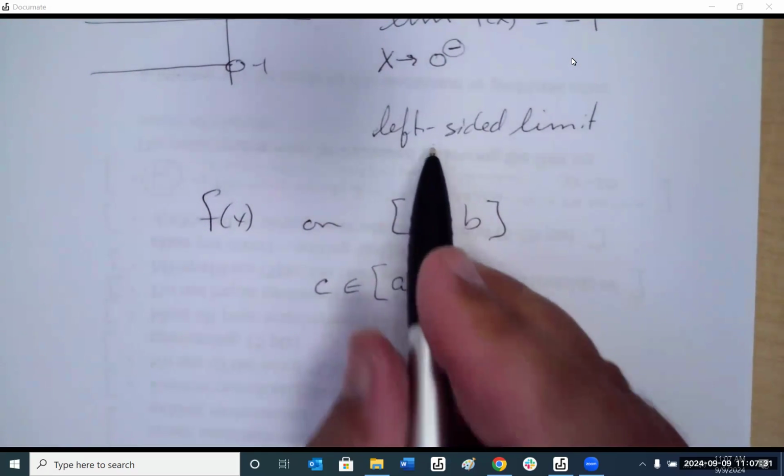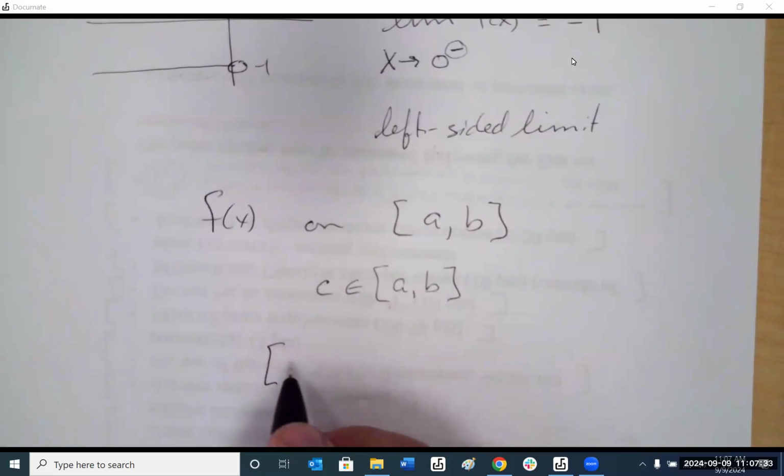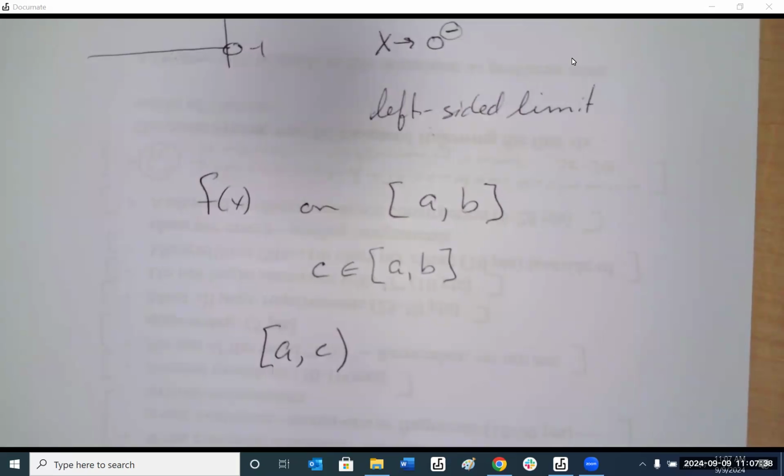So we're approaching c from the left-hand side.